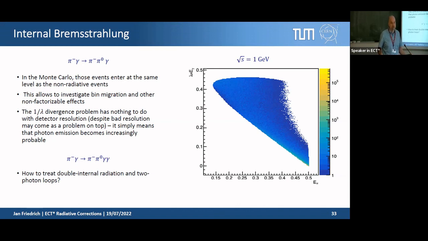It's the same process, and the two photons are correlated to some extent. And I'm curious always to learn whether there's ways out of that, how to treat the double internal or several photon internal process, except for calculating really what the next order is.